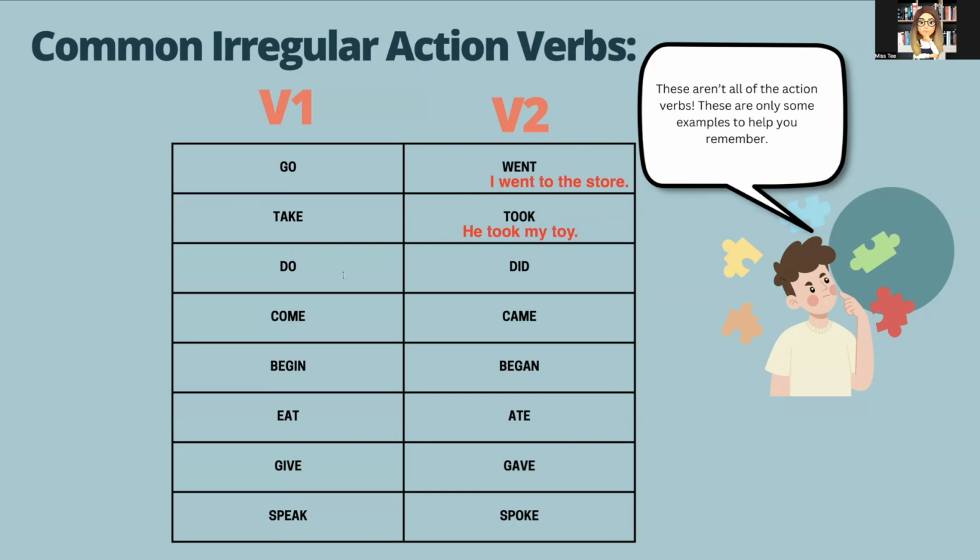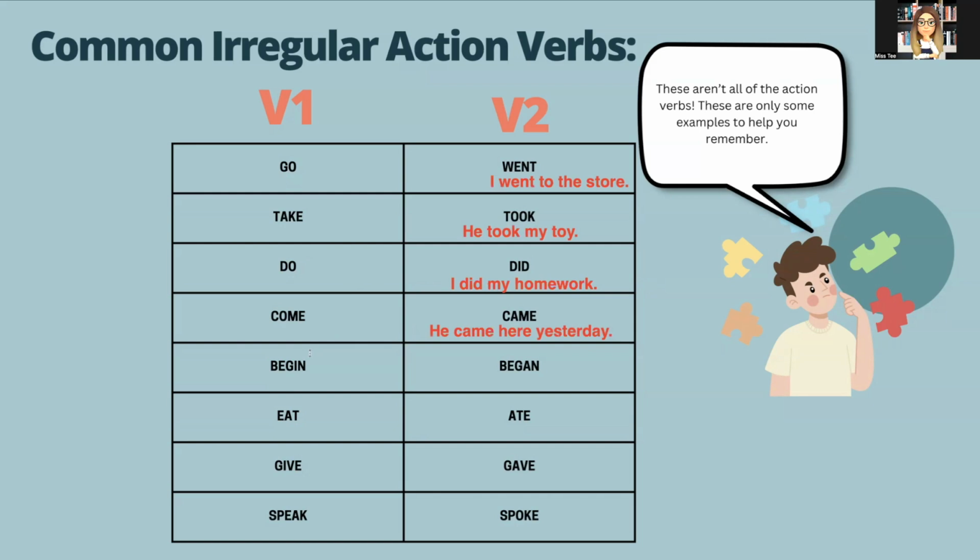Instead of do, in the past, in the V2 form, we say did. So, for example, I did my homework, we can say. Instead of come, we say came. He came here yesterday, for example.